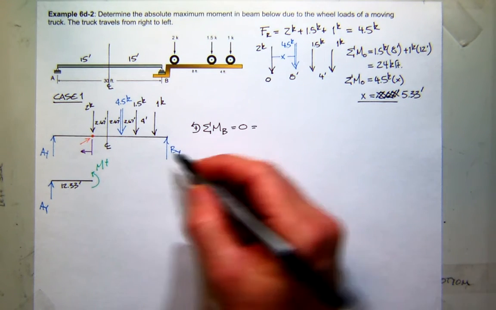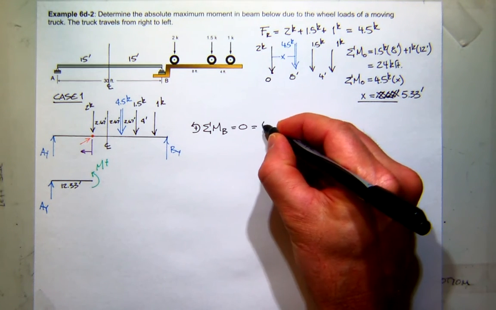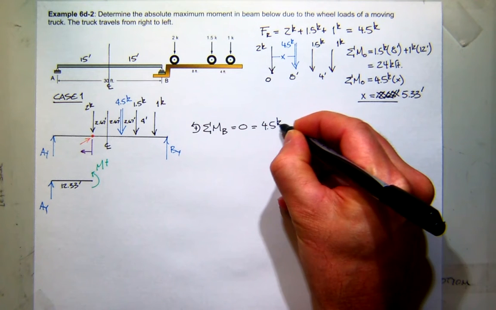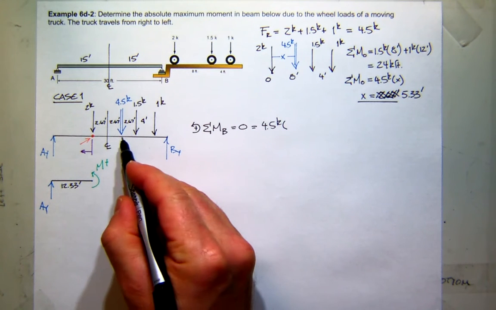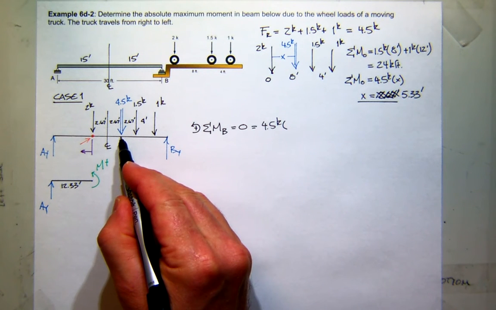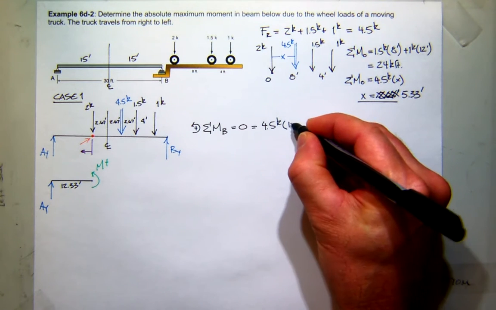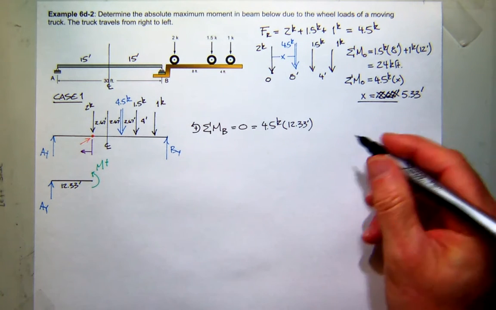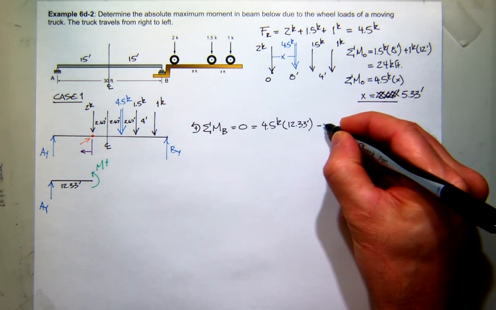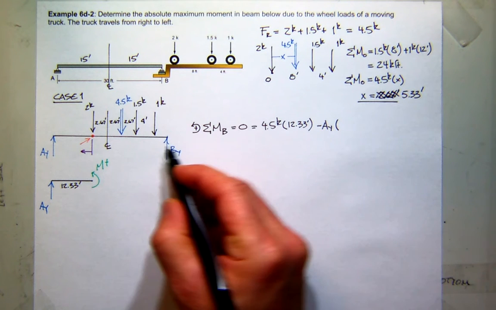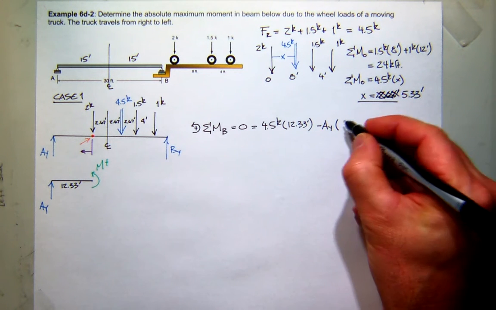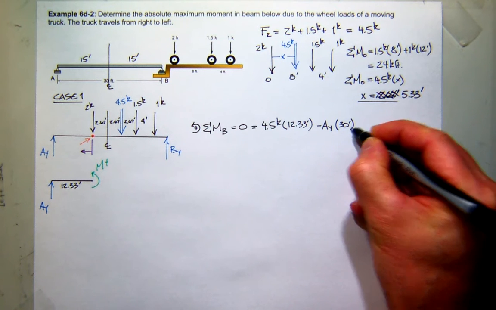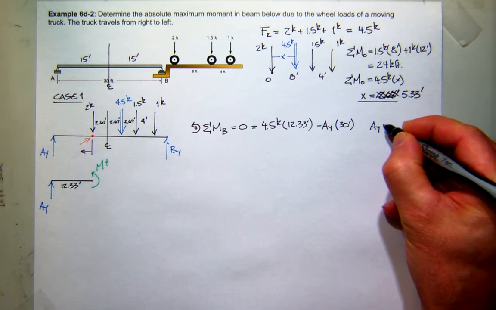So about B, it would be a positive 4.5 kips. The distance from B to the resultant force is 12.33 feet. And then AY creates negative moment, and the distance from B to AY is 30 feet. So what's AY equal to?